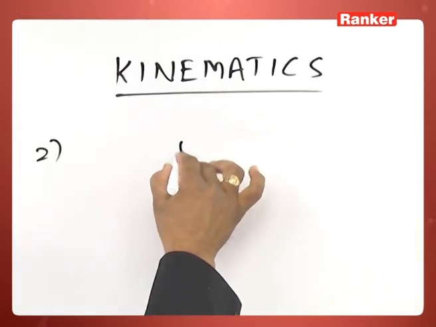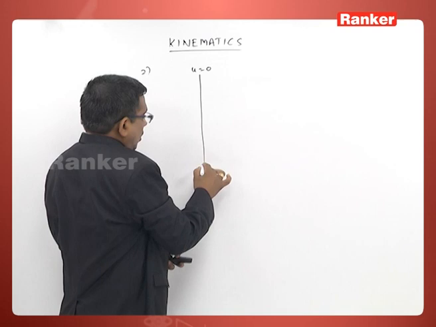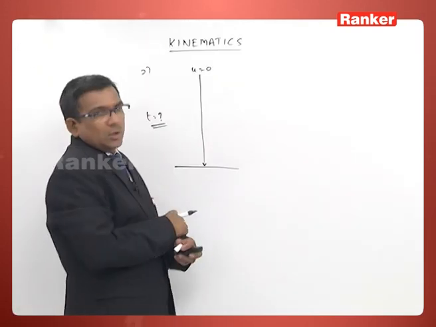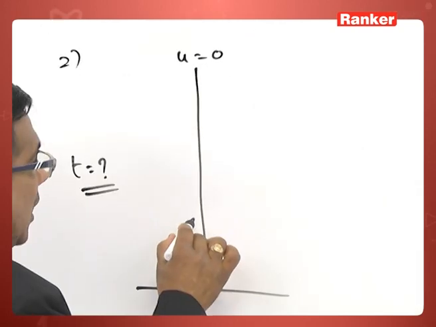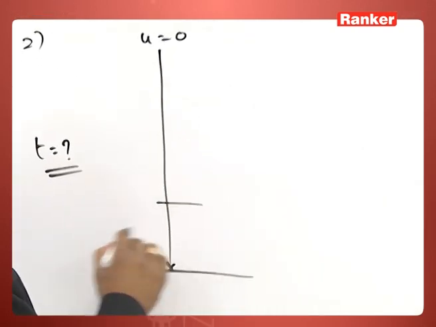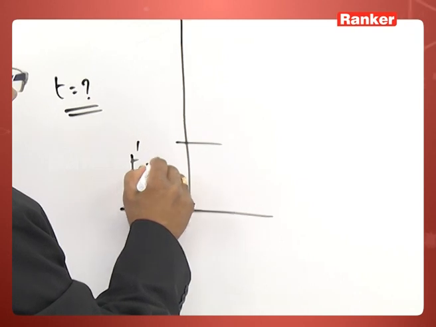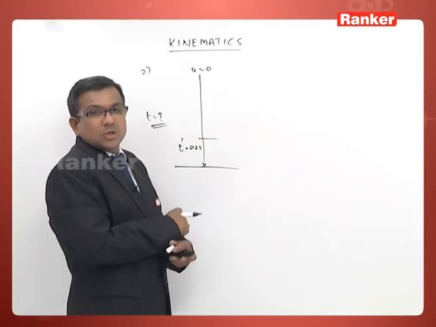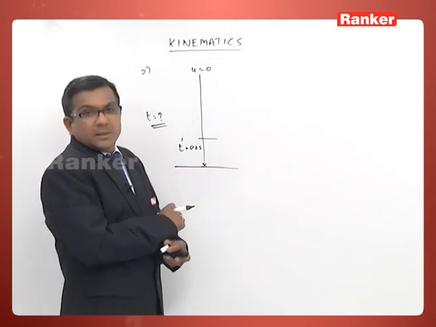Say a body is falling freely. It is dropped. We don't know how much time it has taken to fall down. But what is given? In the last 0.2 seconds, say that time is t prime, 0.2 seconds, how much distance has it travelled? It has travelled 6 meters.